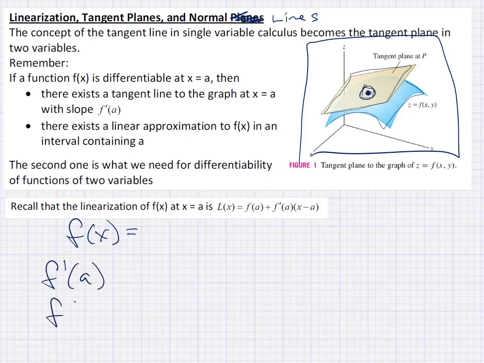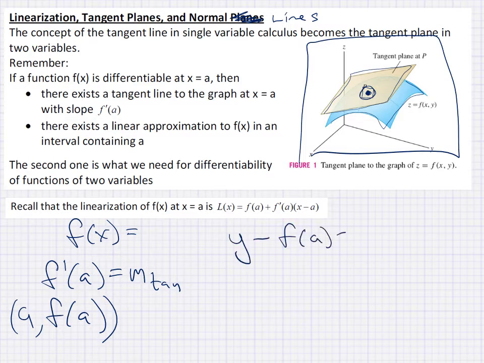We could find the y value at a as well. So we have this point (a, f of a), and the derivative is the slope of the tangent line. If I use these two components, I could write the equation of the tangent line by doing y minus y1 equals m, which is the derivative, times x minus x1. Just use your point-slope formula.